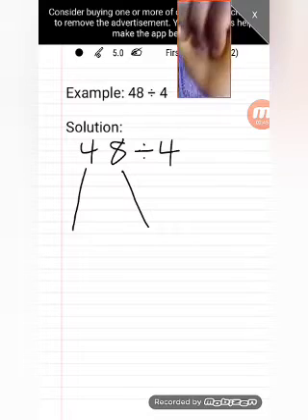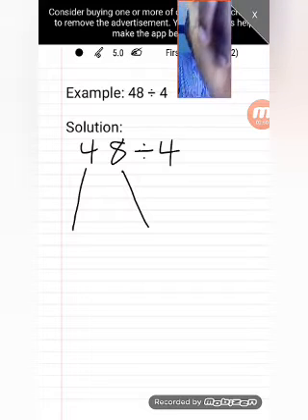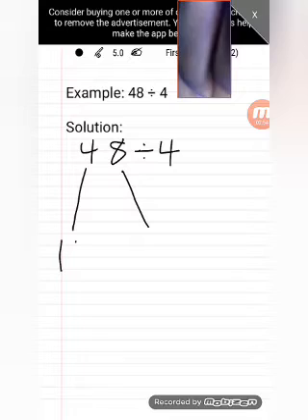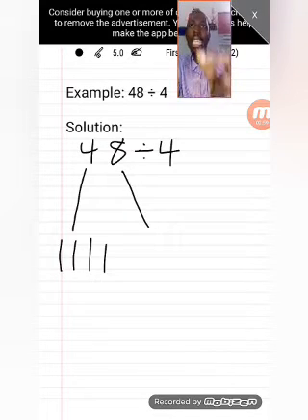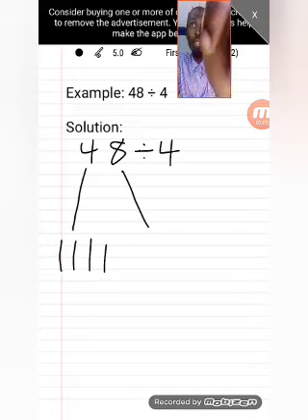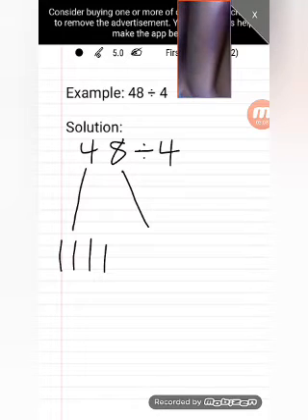So now let's count 4: 1, 2, 3, 4. Now let's divide this 4 by the 4 we are using to divide the whole number.